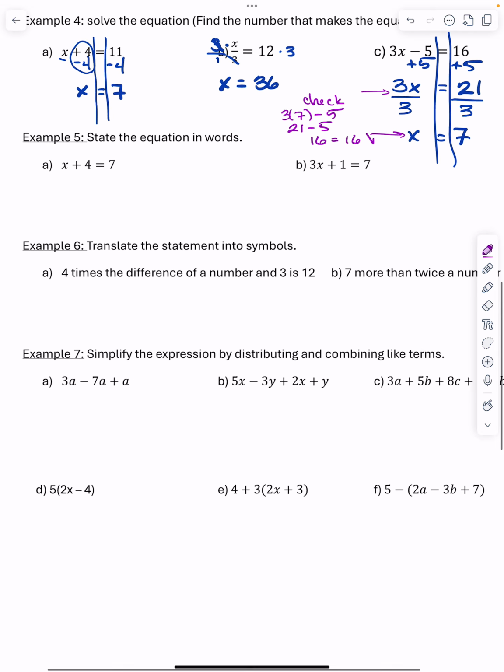Sometimes we've got equations and we want to write them as sentences. Plus 4, a lot of times you'll see as 4 more. 4 more than x. And I don't know what x is, but I know if I add 4 to it, I get 7. 4 more than x is 7. A lot of times you'll see the word is for the equal sign.